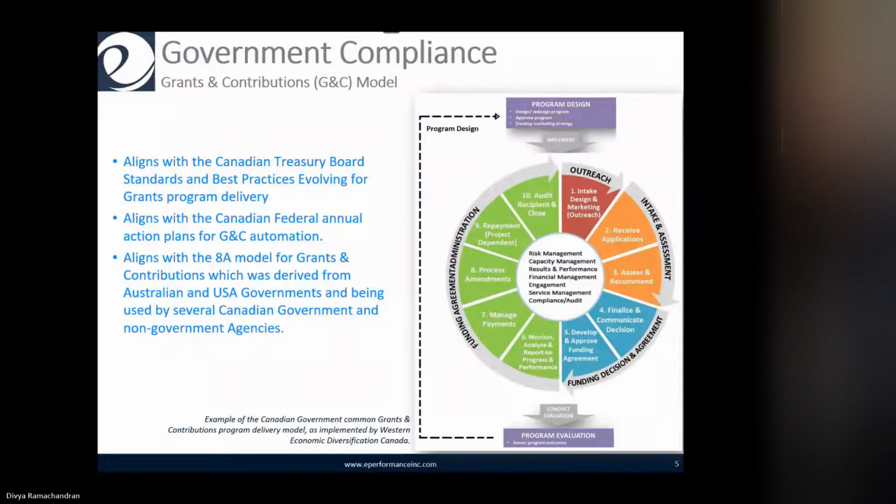We made sure that, through the guidance of Treasury Board, they had this model that they needed to follow, and we made sure that they followed that in alignment with Treasury Board. It aligns with the 8A model for grants and contributions, which was derived from Australia and US governments. So on multiple areas, there are many different alignments through grants automation and the model programs that are a good baseline to follow.